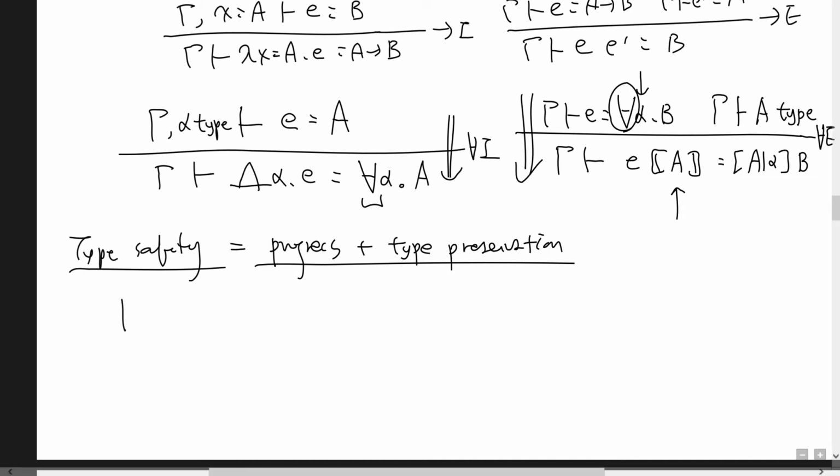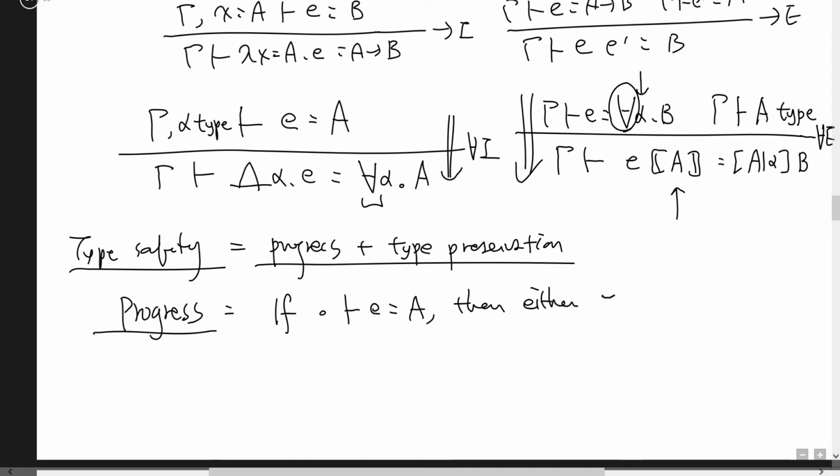So let me write them again. Progress says if we have a closed well-typed expression E of type A, then either expression E is a value or expression E reduces to another expression E prime. So that's the progress.